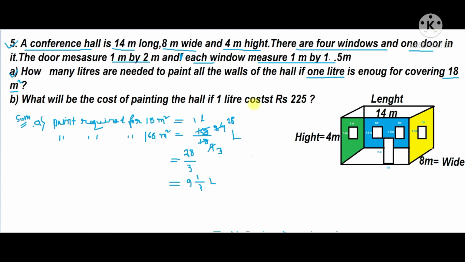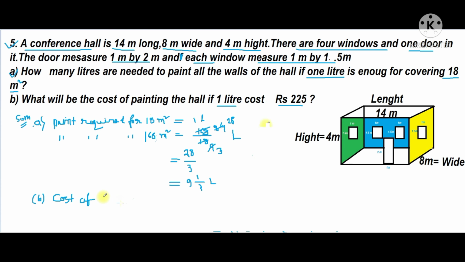question number B, what will be the cost of painting the hall if 1 liter costs rupees 225? So we have now 9 1 by 3 liter paint required to complete painting this wall. Okay, so cost of 1 liter is 225.